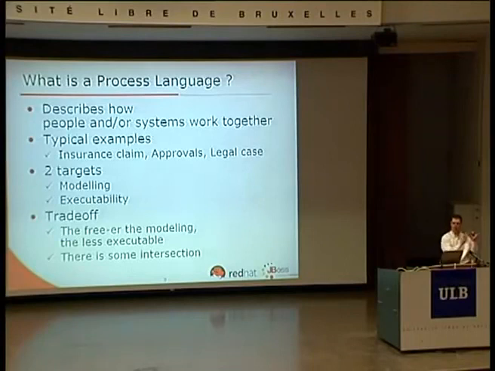On the other hand, when a business analyst draws a picture, it might not be executable. So there is a trade-off, but there is a common intersection, let's say. And that's what we are actually offering in the JPDL process language, which is that if you put some restrictions on how you model, then you can make your processes executable.